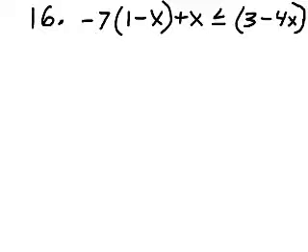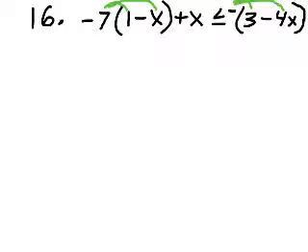The problem is negative 7 times the difference of 1 and x, or 1 minus x, plus x is less than or equal to negative 3 minus 4x. So actually we have two distributions here. We've got the 7 that we distribute times the 1 and times the x, and then we've got the negative 1 times the 3 and times the negative 4x.